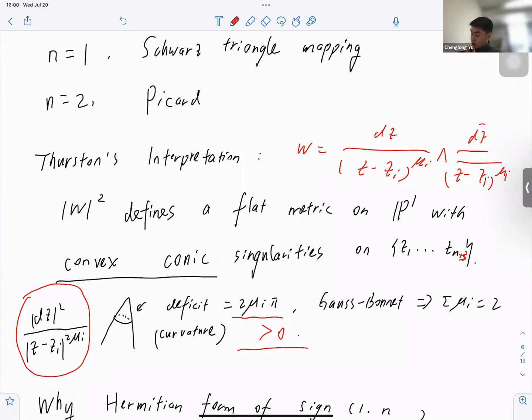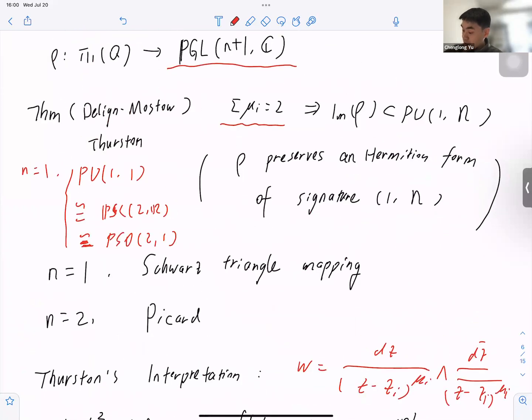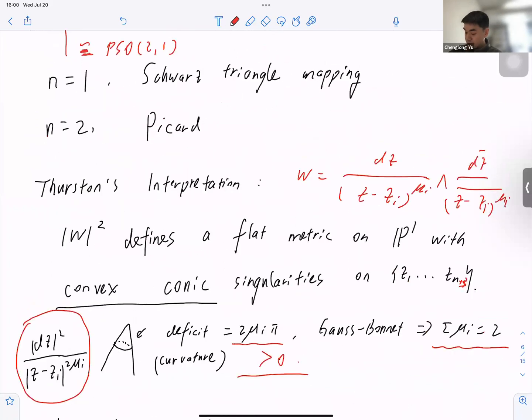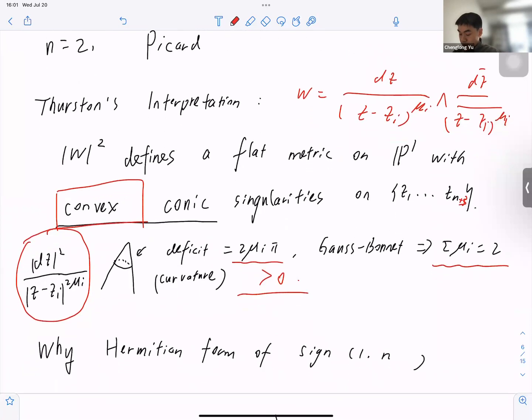In this case, it's just that the sum of mu I is equal to 2. And this is why we have this condition, sum of mu I equals 2. We also call this the convex case because the cone angle there is less than 2 pi. So if you form a model of this kind of conic metric, it will look like some convex polytope.